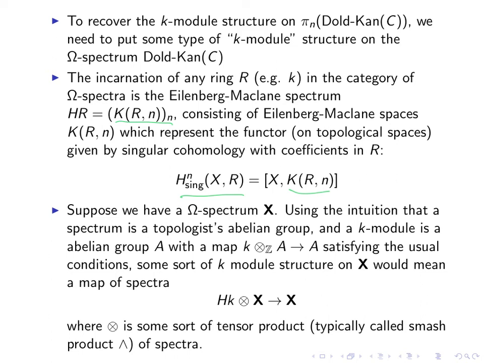Some sort of K-module structure on a spectrum would mean a map of spectra from the spectral version of the field K, in other words the Eilenberg-MacLane spectrum associated to K, tensored in some sense with the spectrum X, and then a map from that tensor product to X. This tensor product is typically called the smash product of spectra.